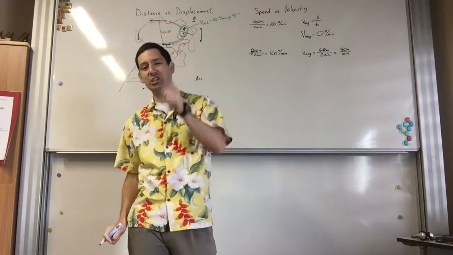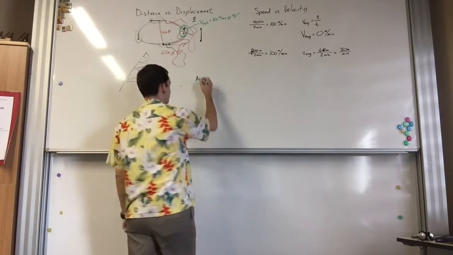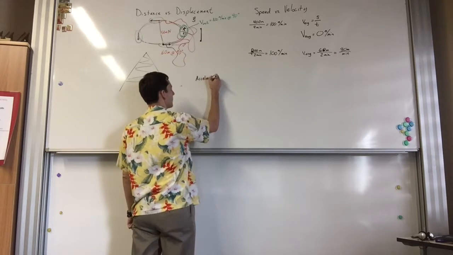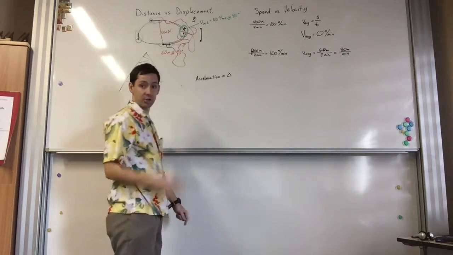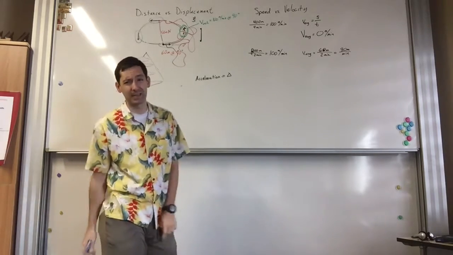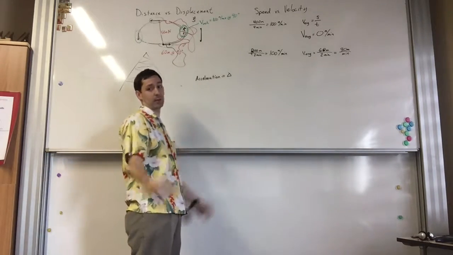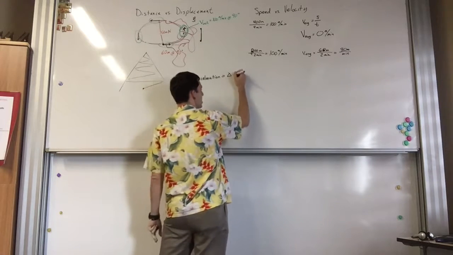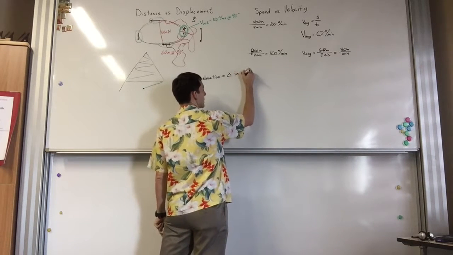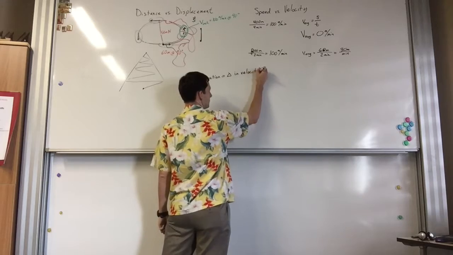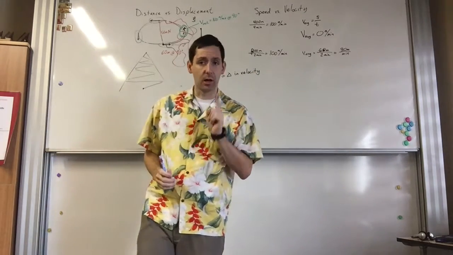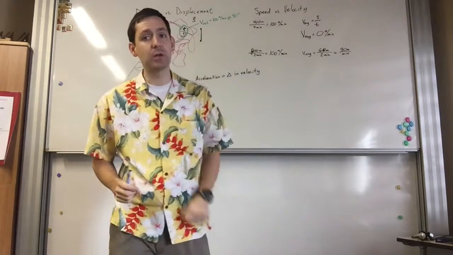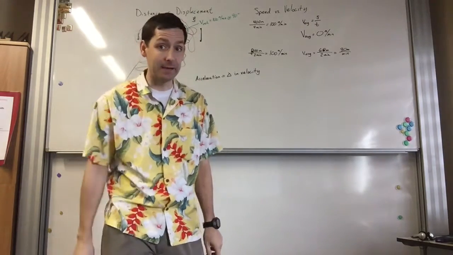Acceleration is a change in velocity. And I'm going to use the triangle, that's your delta, which you've probably seen in some science class before, or math class. I mean, you use it all the time. So a change in velocity. Okay, that is the definition of acceleration. Don't let anybody tell you otherwise because they're lying if they do.